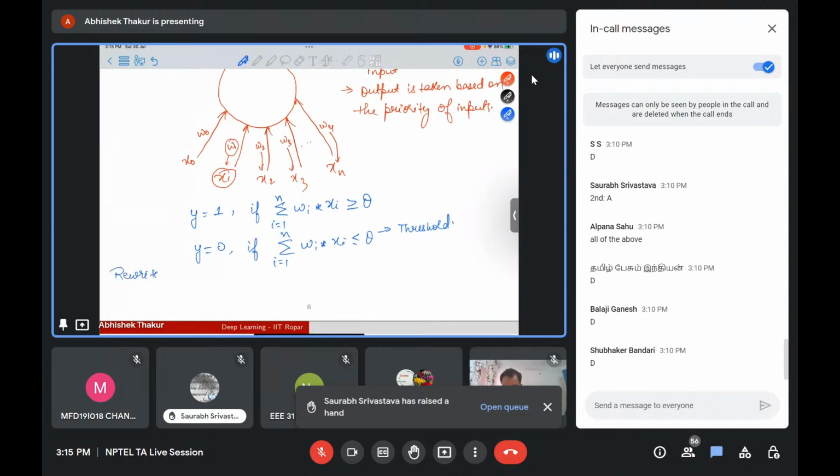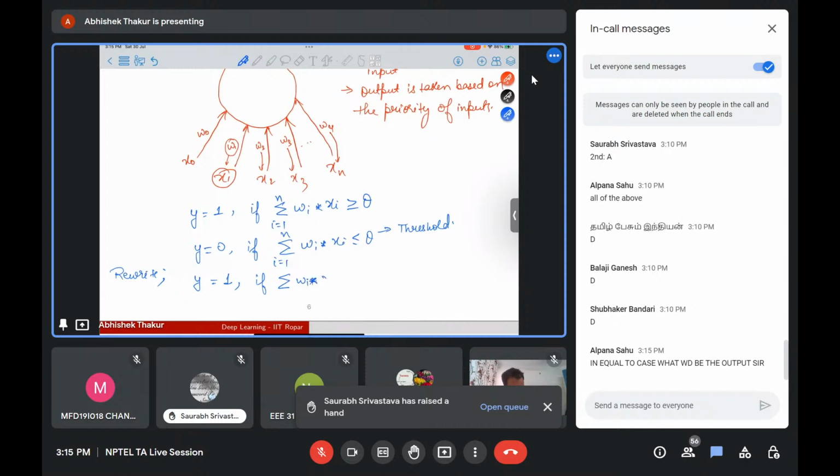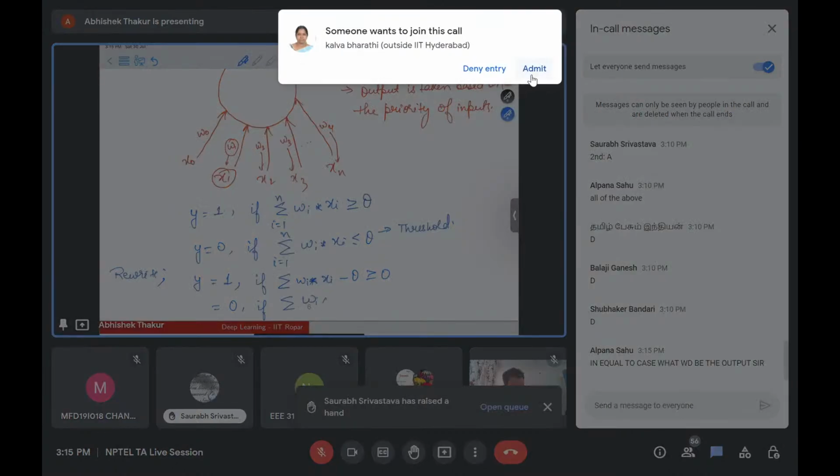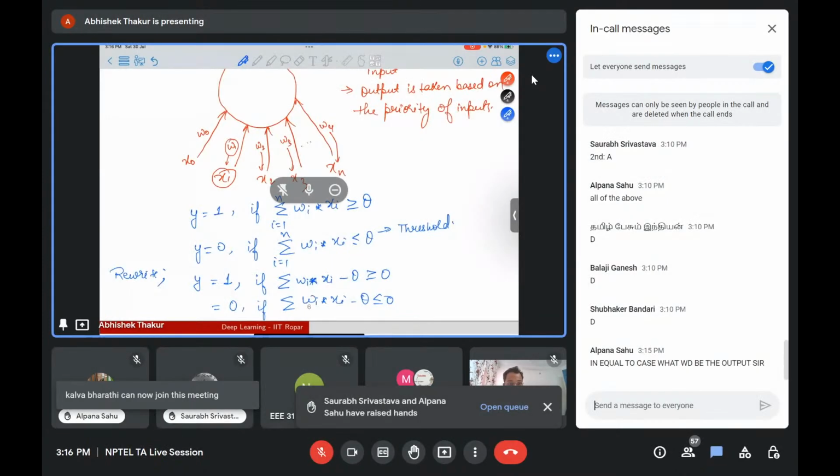We can also write this in this way: Y is equal to 1 if the summation of Wi into Xi minus theta is greater than 0, and Y is equal to 0 if the summation of Wi into Xi minus theta is less than or equal to 0.